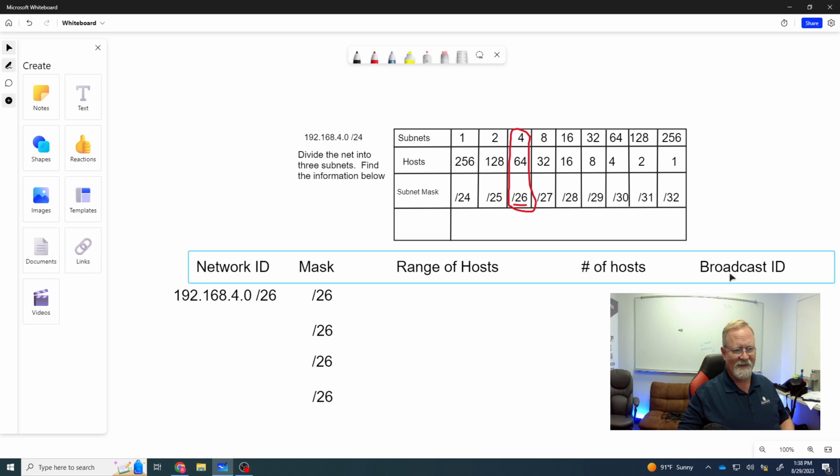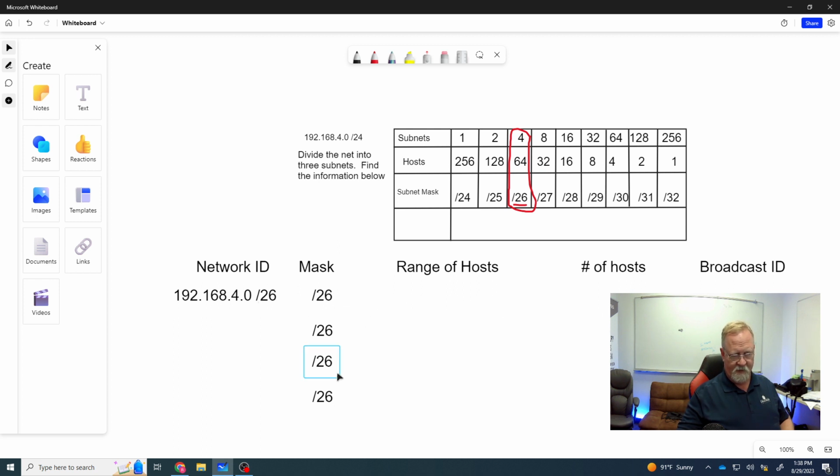And so instead of having a total of 64 hosts per section, we're going to have a total of 62 because we've got a network and a broadcast ID for each of the sections. So we're going to have to take those out. So that will give us a total in each subnet of 62 hosts. So that answers another big piece of our puzzle there, is how many of these we can have.